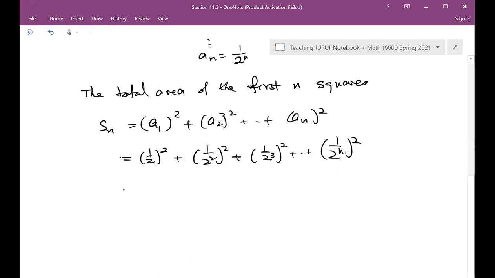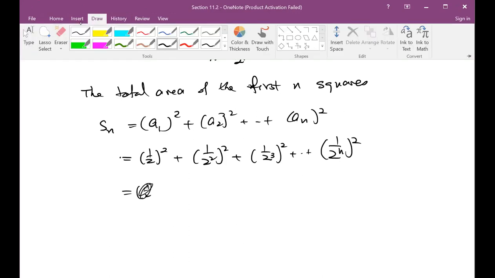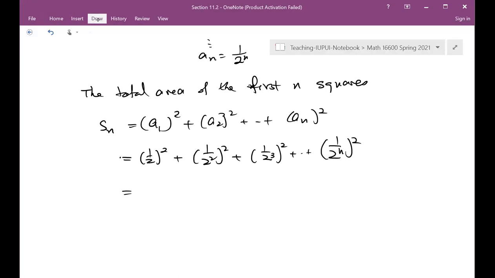So I can express it in the following form. I square each term first. When I square, I get 1/4, and this is a 1/4 squared. This is a 1/4 cubed.